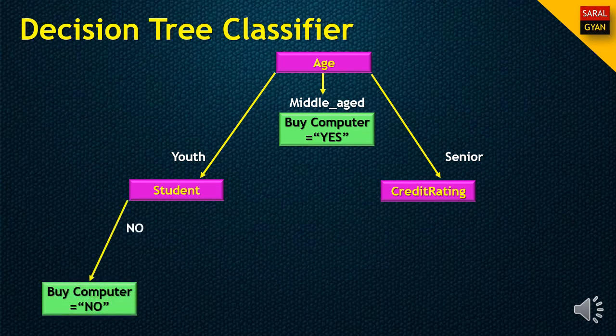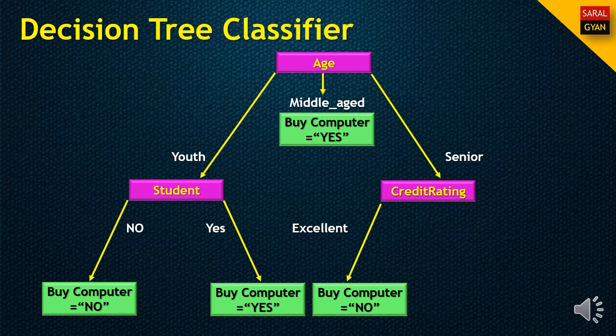When student equals no, the person cannot buy the computer. When student is yes, then as per the decision tree the person can buy the computer. When credit rating is excellent, as per our table in the previous slide, we cannot allow the person to buy the computer. And when credit rating is fair, the person can go for purchase of the computer.